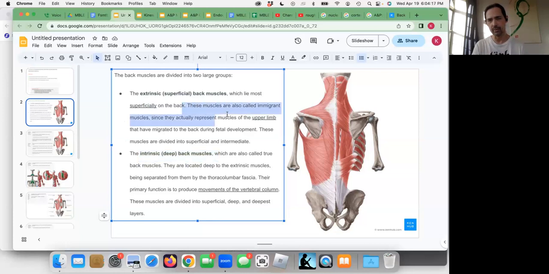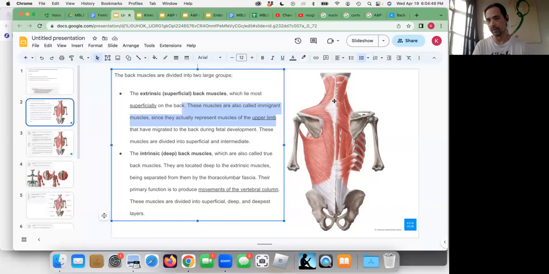muscles are also called immigrant muscles because they actually represent muscles of the upper limb. So the upper limb is the arm, right? So these are muscles that attach somewhere to the scapula and or the humerus, and during infancy, during embryology, or the embryological stage, they start around the upper limb, the periphery of the body, and then the word is migrate.